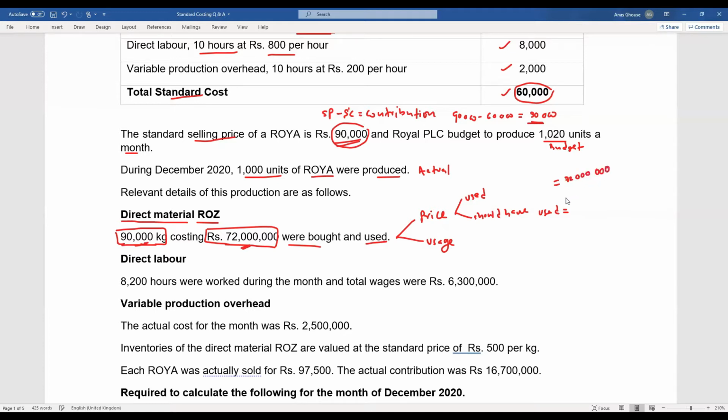In order to purchase this 90,000 kg, how much should they have paid?